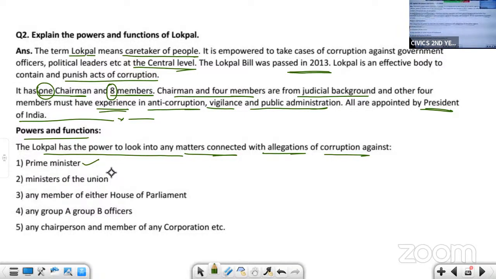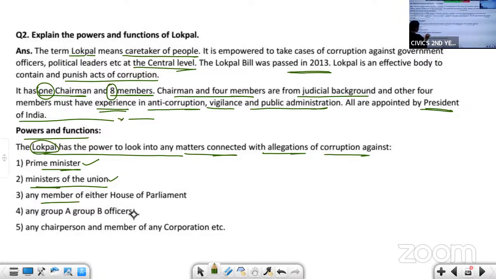If there are allegations of corruption against the Prime Minister, the Lokpal will do an inquiry about it. Ministers of the Union, any union minister, if there are allegations of corruption against the union minister, then Lokpal will look into that case.